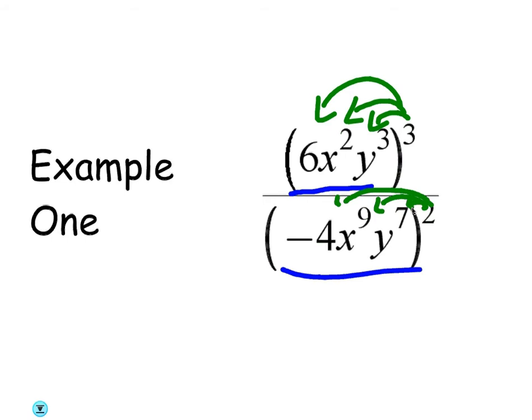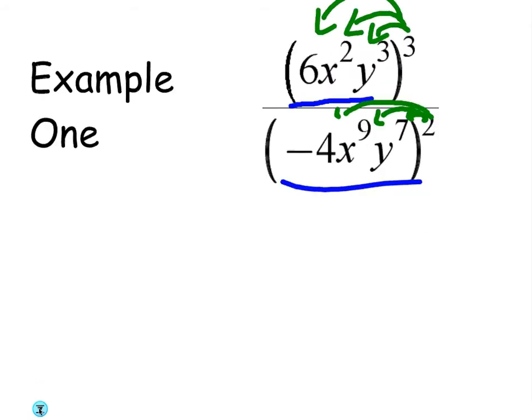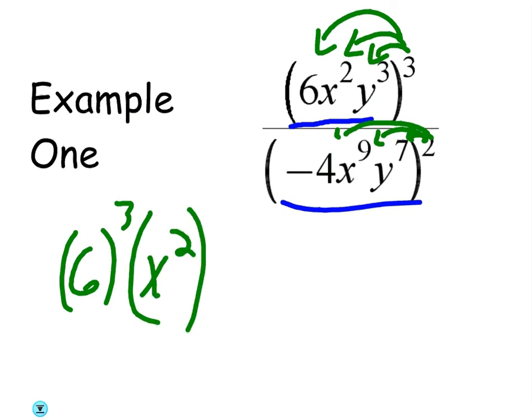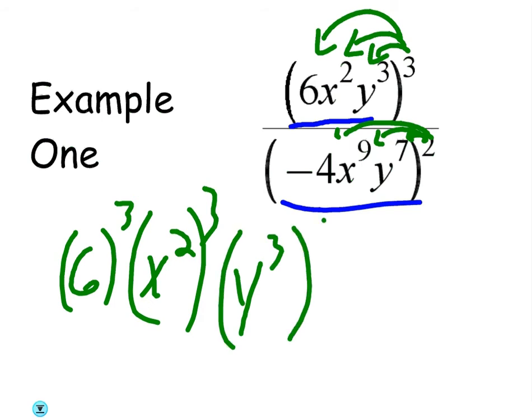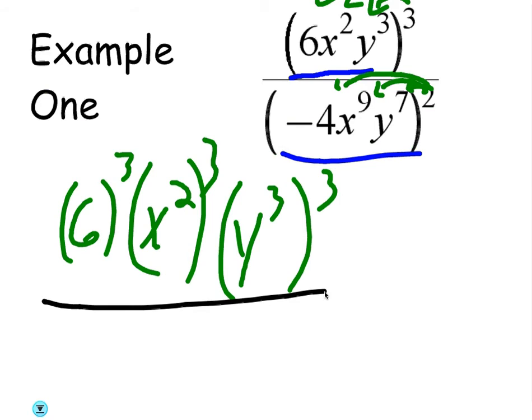I don't mind if you don't write everything out as far as the distribution goes, at least draw the arrows, but you don't necessarily have to do what I'm about to do, which is break it down into each. I think you'll get it right more often than not if you do it this way, but like I said, you don't have to. So all I'm doing is just distributing it to the top and then distributing to the bottom.